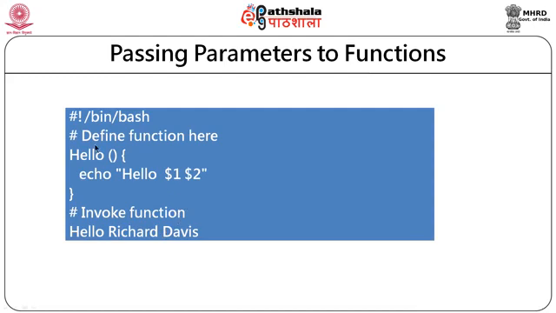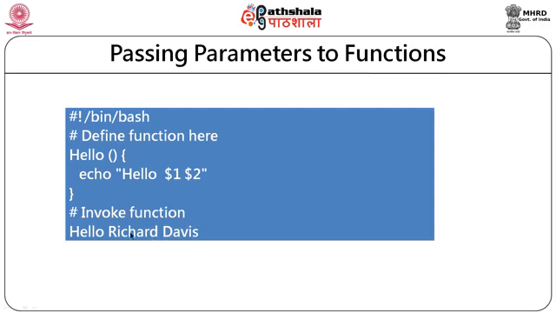This example displays two parameters $1 and $2. So, this example shows how parameters can be passed to function. The function name is hello. I am passing two arguments. You can see how I am invoking the function. It is hello Richard Davis.